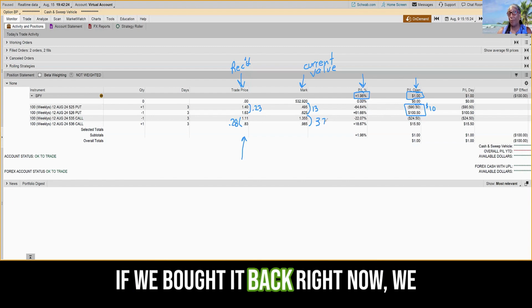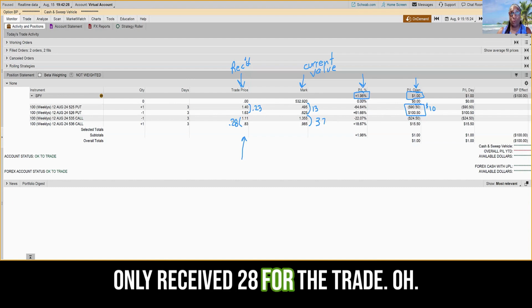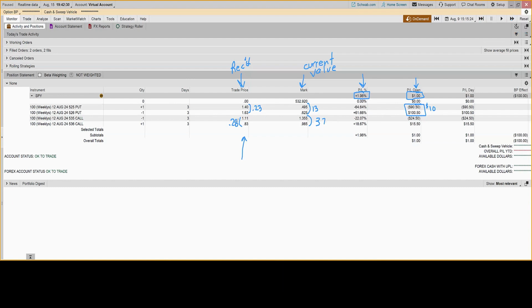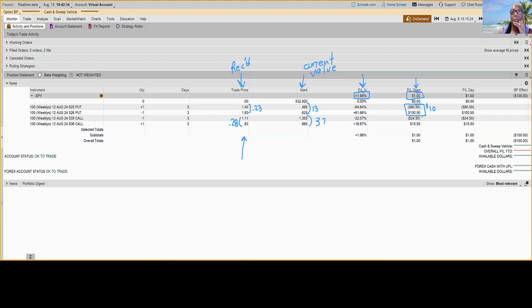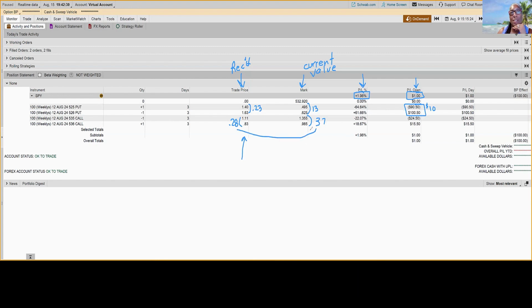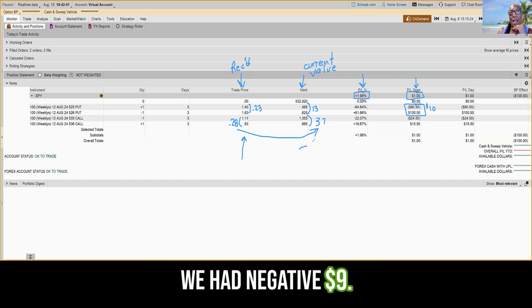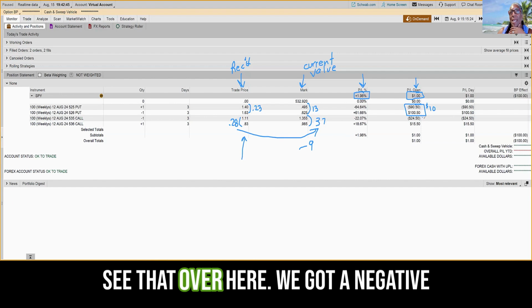If we bought it back right now, we would buy it back for 37, but we only received 28 for the trade. Oh. Okay, so we'd be at a loss. We're down between these two prices. We're at negative $9. We can also see that over here.